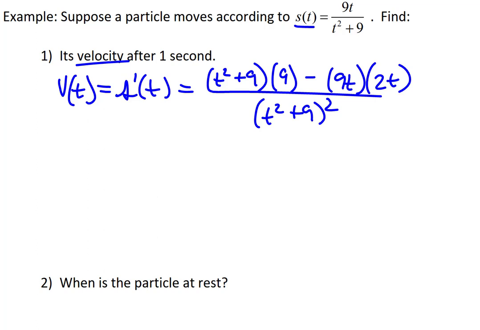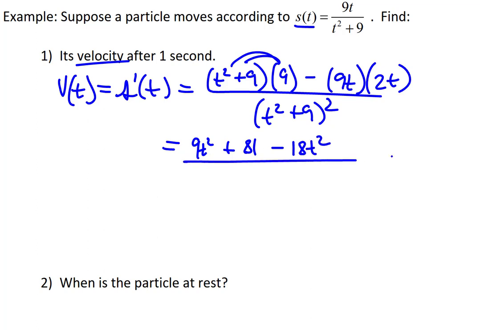Let's simplify this result a little bit here. In this numerator, distribute the 9 and then multiply the second term together here. So we'll have 9t squared plus 81 minus 18t squared for the numerator. And that's all over the denominator, which we'll just keep for now as t squared plus 9 all squared.